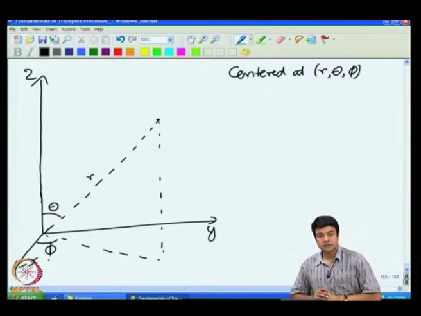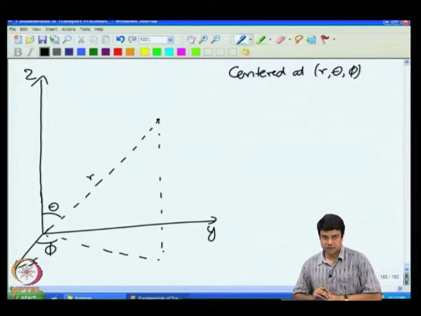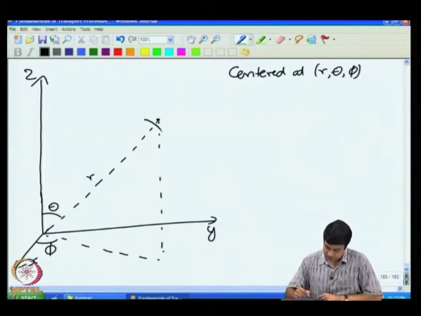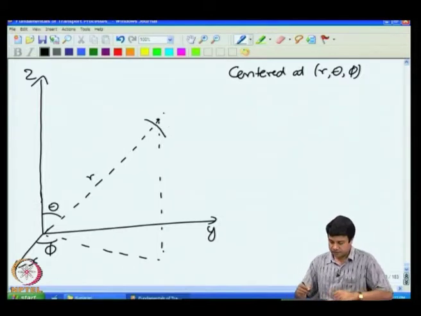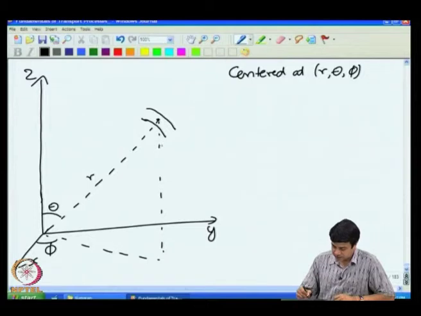So, let us look at the surfaces at constant r. These are of course spherical shells. Surfaces of constant r are basically spherical shells. At r minus delta r by 2, I will have a spherical shell, and at r plus delta r by 2, I will have another spherical shell.